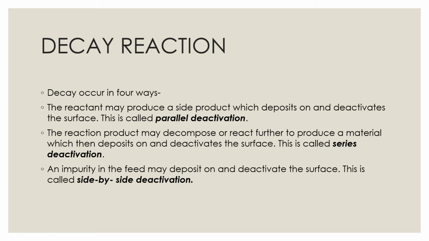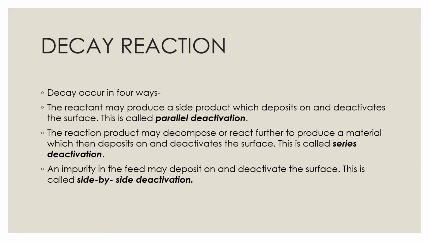First, decay reaction. Decay occurs in four ways. The reactant may produce a side product which deposits on the deactivated surface. This is called parallel deactivation. Now, the reaction product may decompose or react further to produce a material which then deposits on and deactivates the surface. This is called series deactivation.